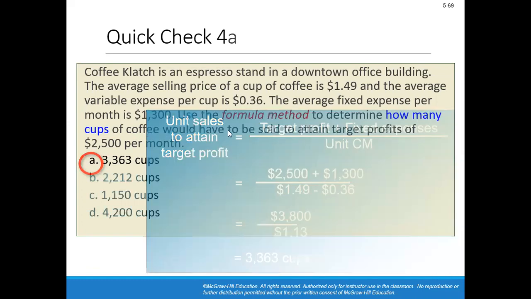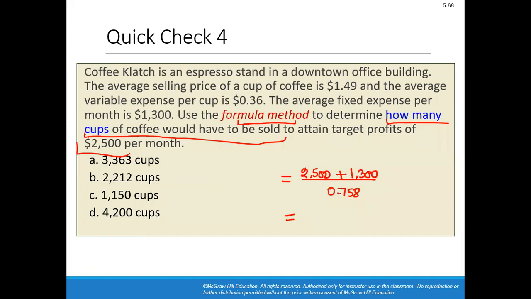Okay, so in that case, when it is how many cups of coffee, I cannot use the contribution margin ratio; rather I have to use the contribution margin per cup. So I made a mistake here. The contribution margin per cup is 1.13.